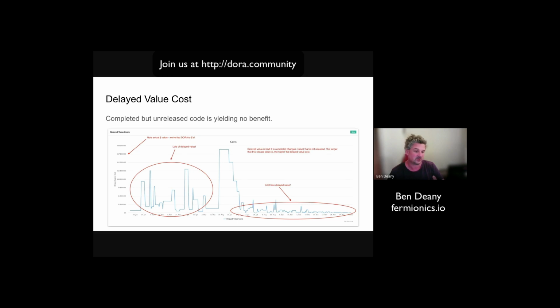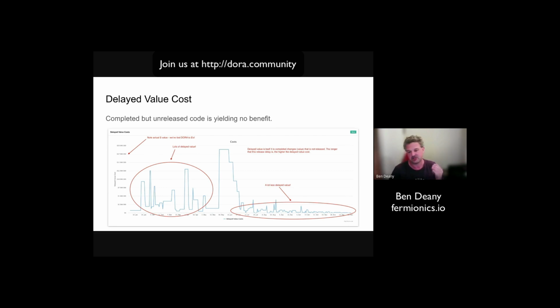On the left-hand side of the screen, we see lots of delayed value, and this is where a lot of testing was manual. We had a very cumbersome QA process. The middle bit is where we stopped, and we effectively released a lot less frequently, but we're able to put in these new testing techniques and DevOps techniques, release automation, I should say.